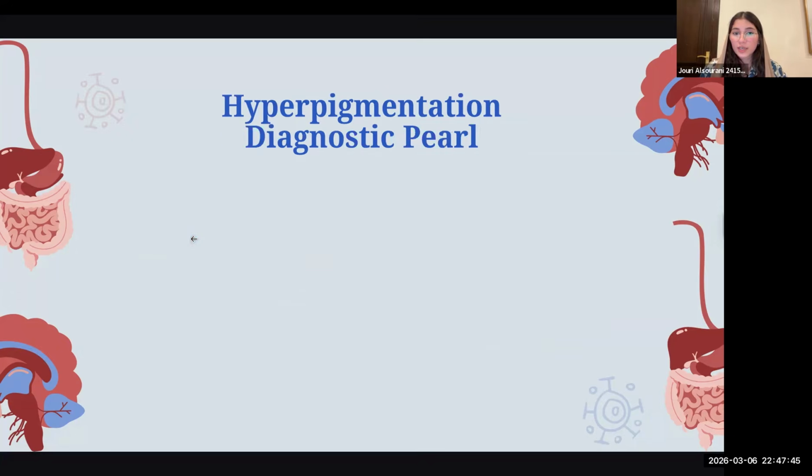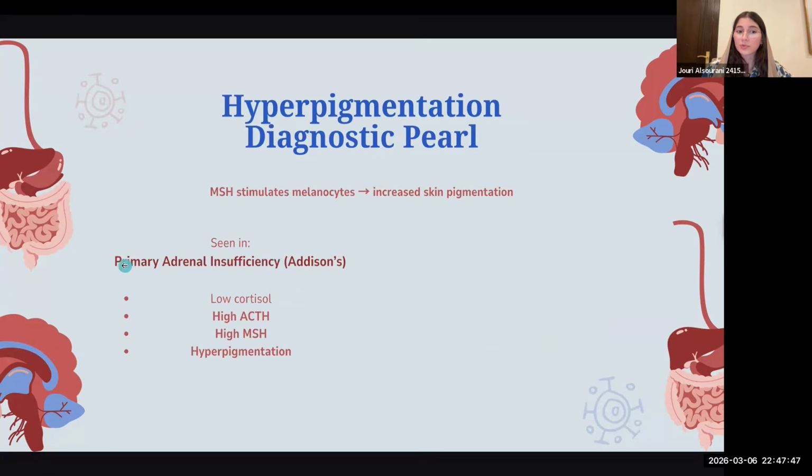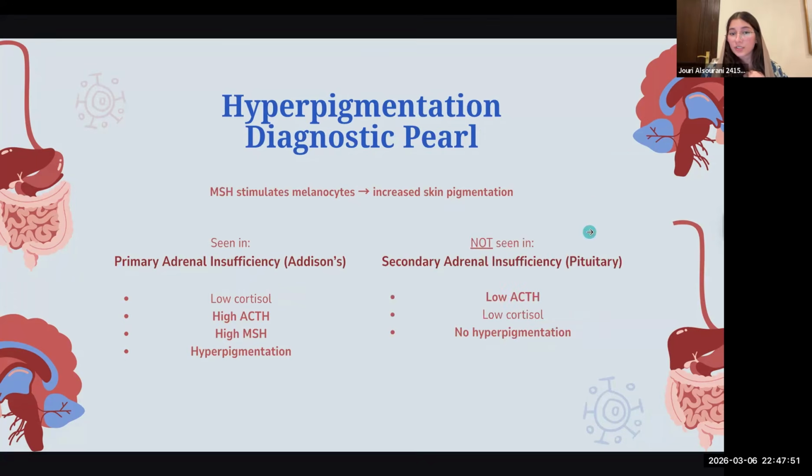This helps us differentiate between primary adrenal insufficiency and secondary adrenal insufficiency. Why? Because we see it here in Addison's disease, because we're going to have high ACTH and high MSH. So as a result, we're going to have hyperpigmentation. So here we have a problem that's going to result in high ACTH. But in secondary adrenal insufficiency, this is more of a pituitary problem.